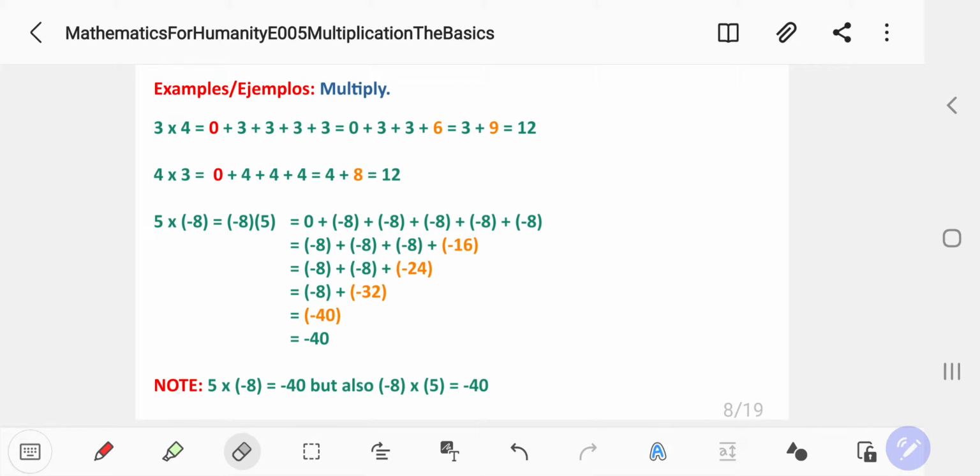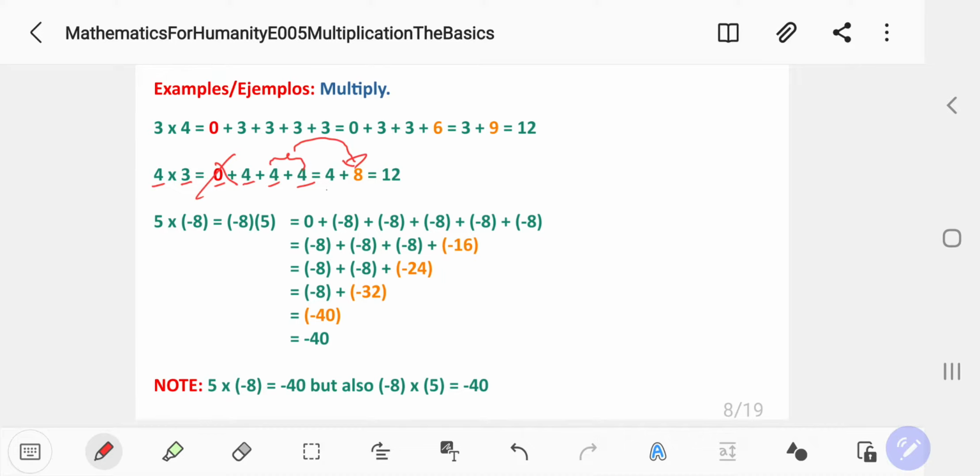How about 4 times 3? So here you have 4 times 3 is equal to 0, and then you add 4 three times, and then that's equal to this 4, these two 4s here you add is equal to 12. You can forget about the 0. You may not write the 0, but it's necessary that you put it at the beginning.